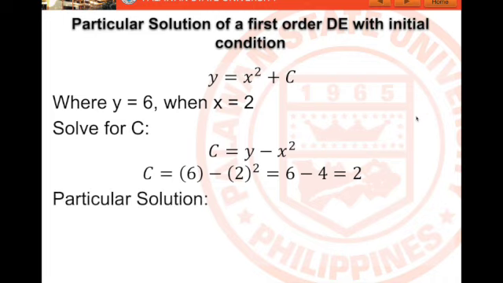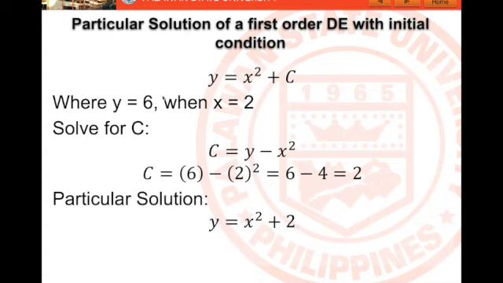So our particular solution for these given initial conditions would be, just replace c here with what we have solved, which is 2. So this is now our particular solution with these given initial conditions.